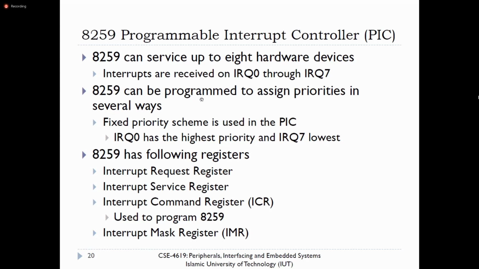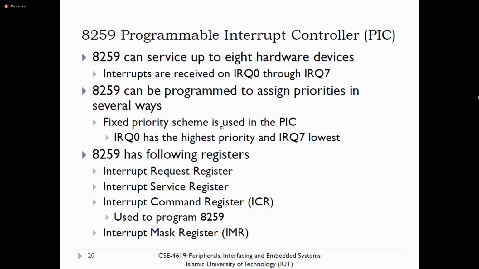It may be programmed with a fixed priority scheme, or it may be programmed with types of interrupts. Just to give you one example, interrupt request 0 has the highest priority and interrupt request 7 may have the lowest priority. So this is how a fixed priority can be assigned.